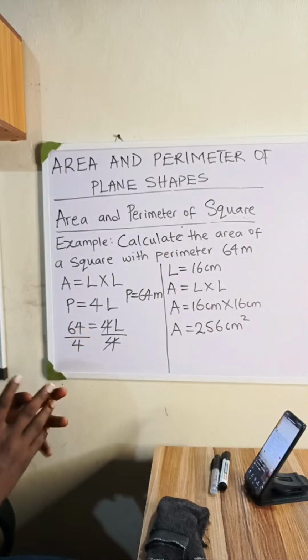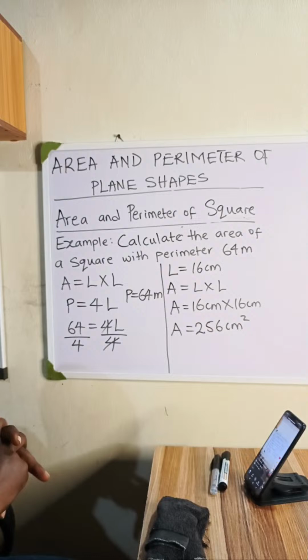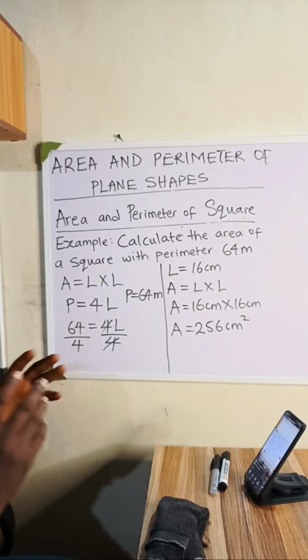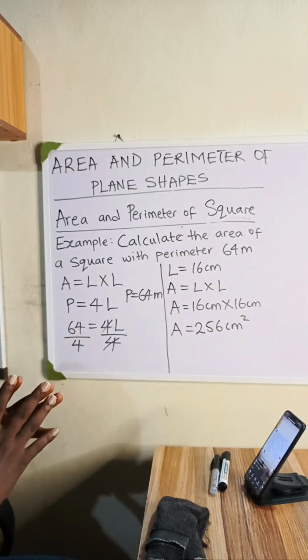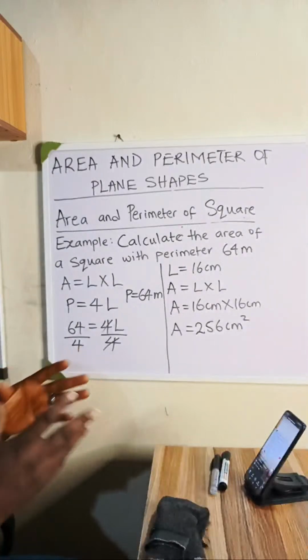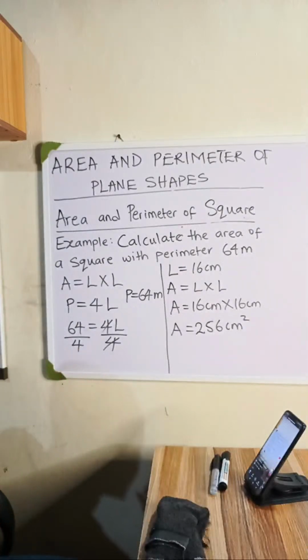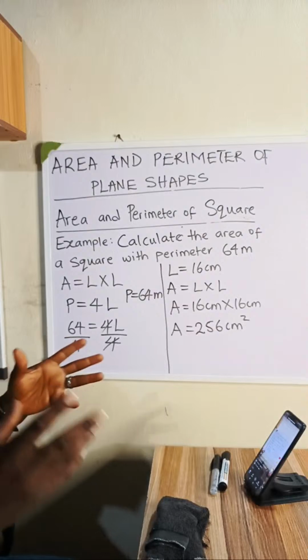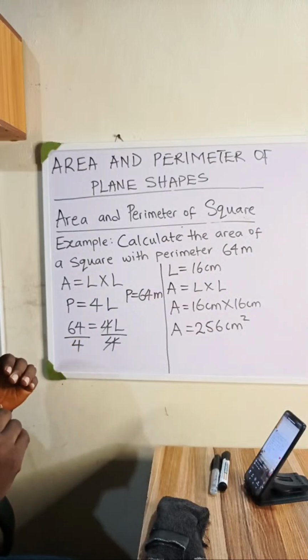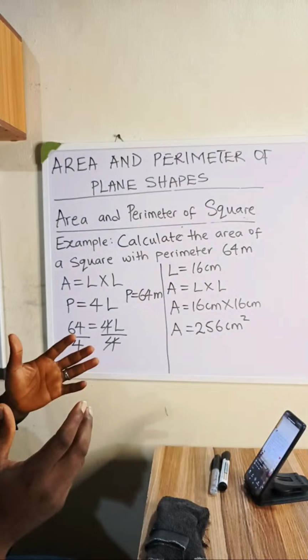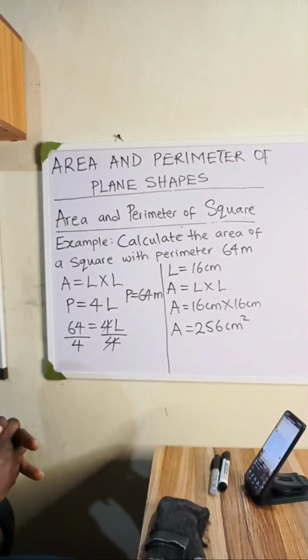We also saw that for a square, once you are given the perimeter, you can find the area. You don't need to know any of the sides. From the perimeter, you can find the side and then find the area.